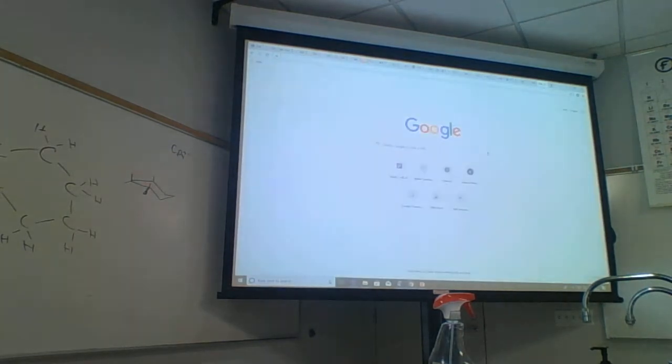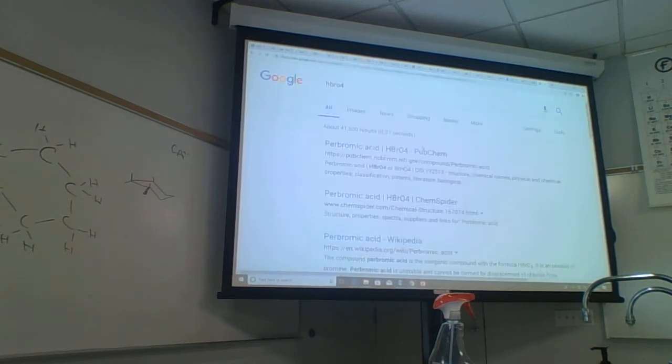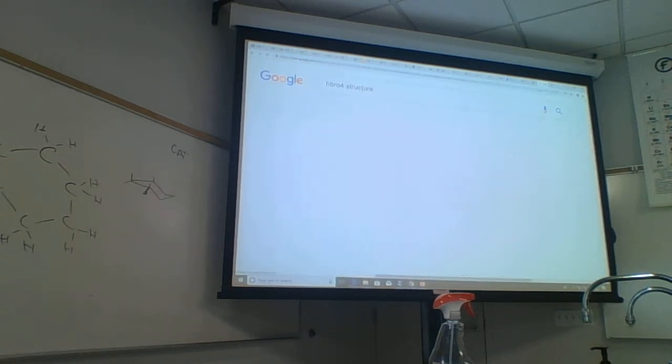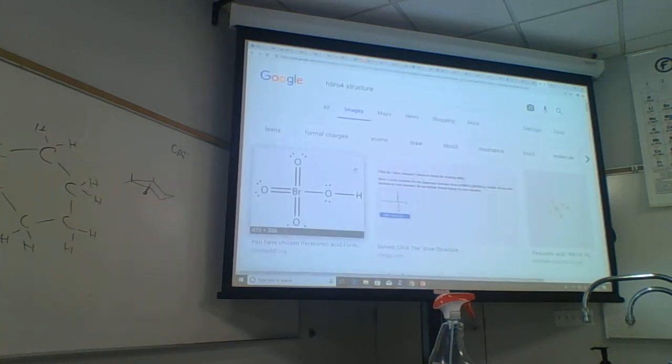Now, if you expand the octet, this is going to be a hugely expanded octet, which might not be so easy to do. You could get rid of the formal charge by hugely expanding the octet, but that could be difficult to do, as shown in the Lewis diagram. They're forming how many double bonds? 3 double bonds.